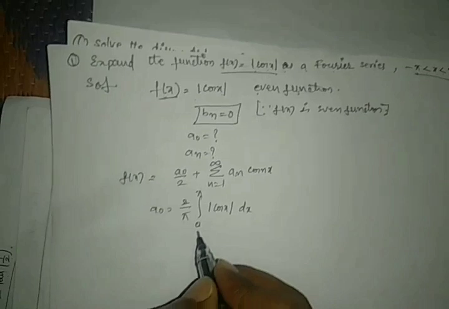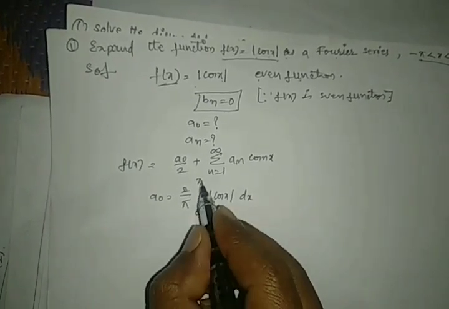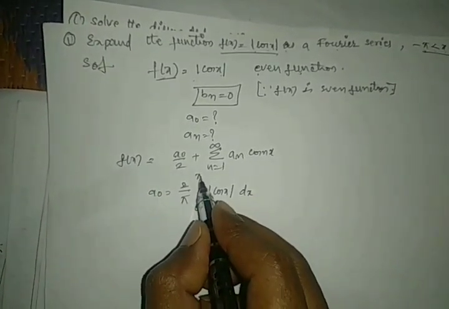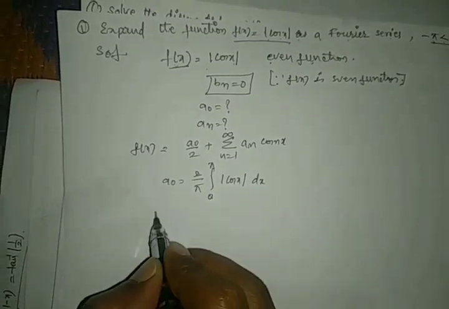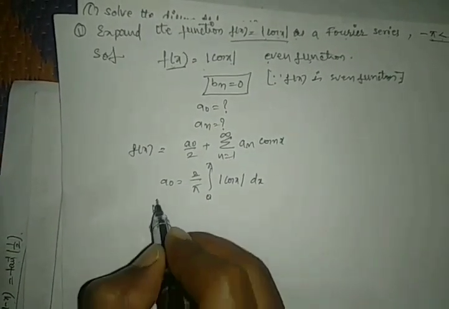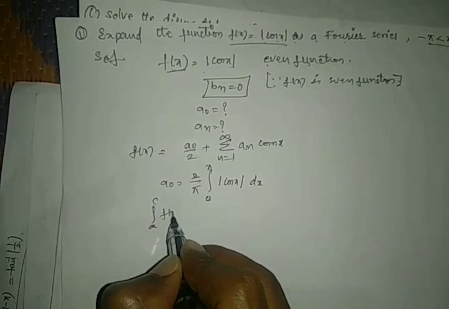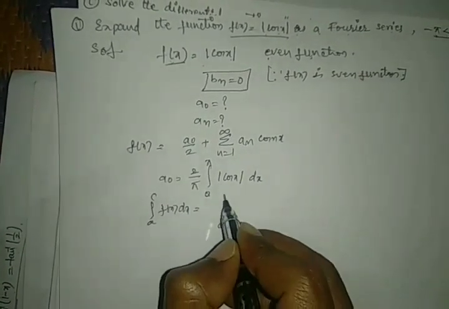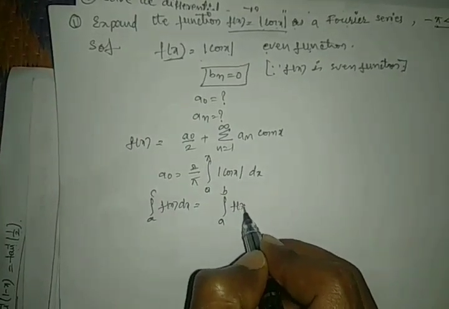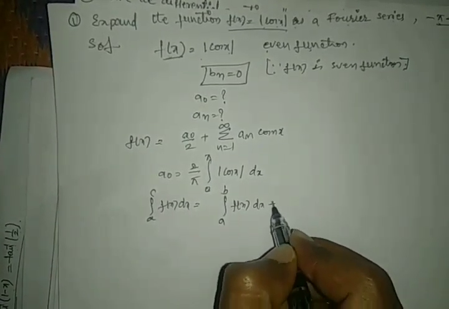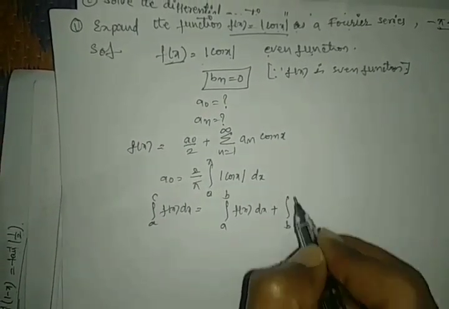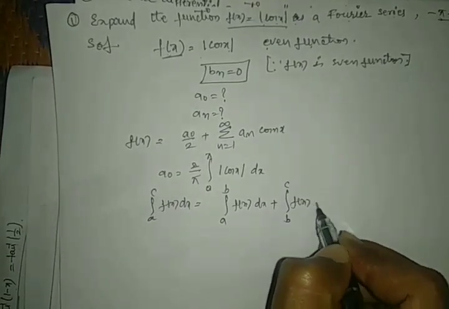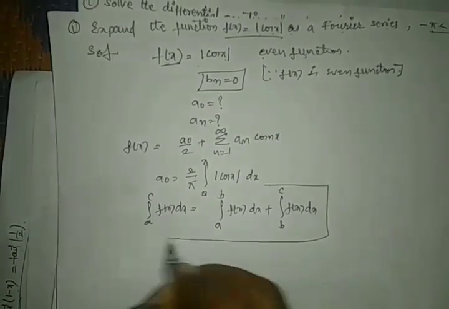Here the limits are 0 to pi, so we have to use this formula: integral a to c f of x dx is equal to integral a to b f of x dx plus integral b to c f of x dx.